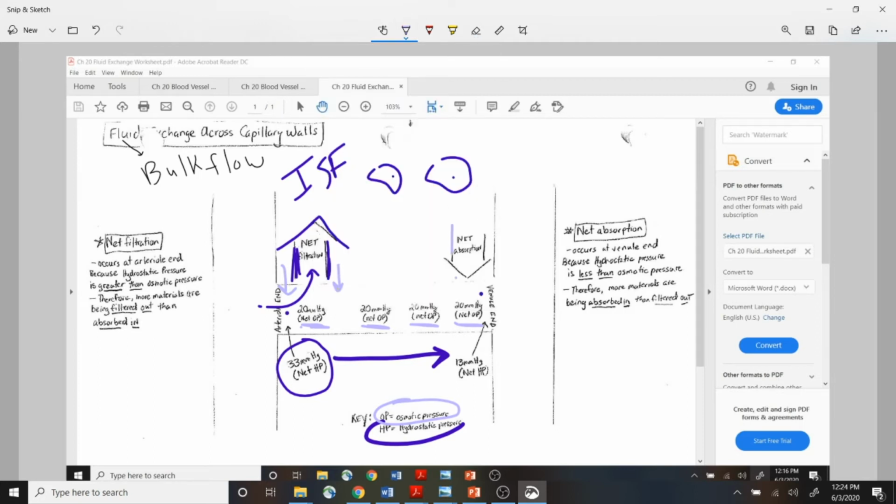Well, you see more of this coming in. Why? Look at the plasma protein pull, the osmotic pressure hasn't changed. It's still 20, right? But look, the blood pressure has dropped at the venule end.